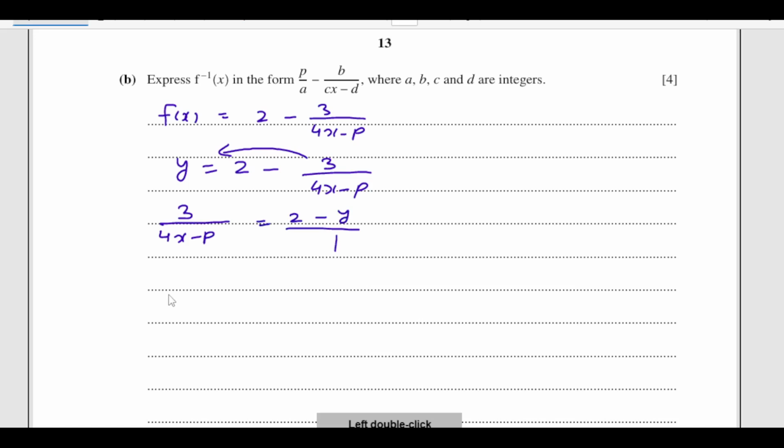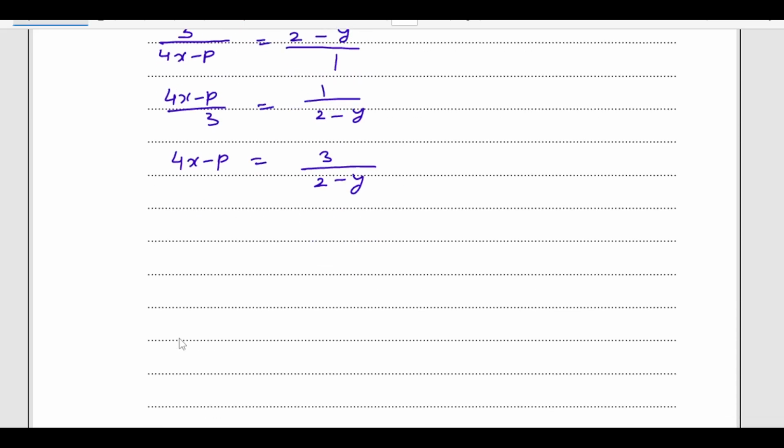We swap, so 4x minus p over 3, this side 1 over 2 minus y. So then 4x minus p is equal to 3 over 2 minus y, multiplied by 3 on the other side. So 4x is equal to p plus 3 over 2 minus y.